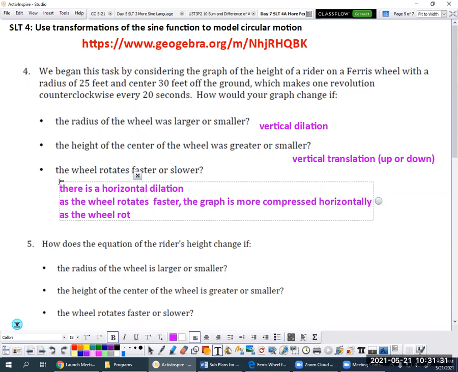I cannot spell. There it is. Or maybe you can't type, or maybe both. Slower, the graph is stretched out.